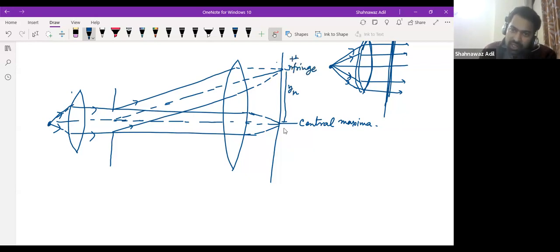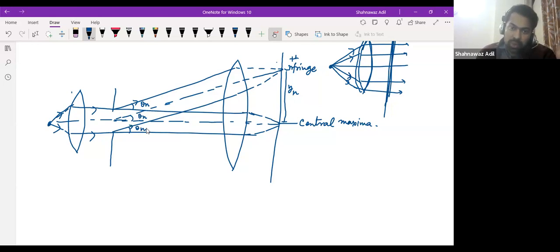This yn is the distance between the central maxima and the nth fringe, and this angle we will call theta n, the angular distance of the nth fringe.